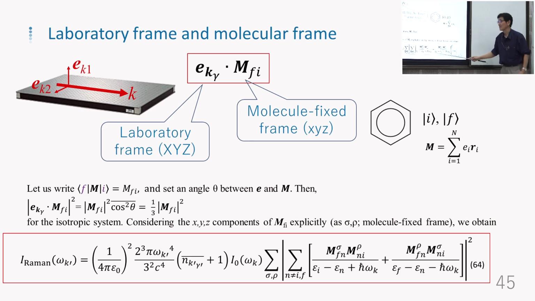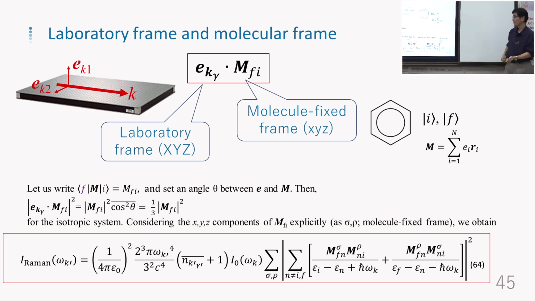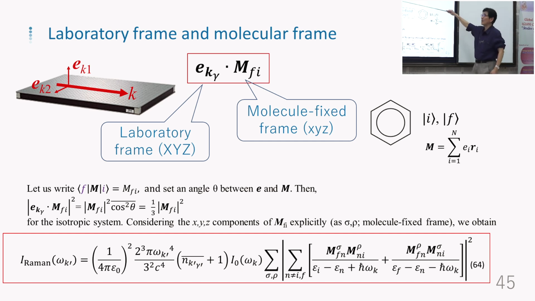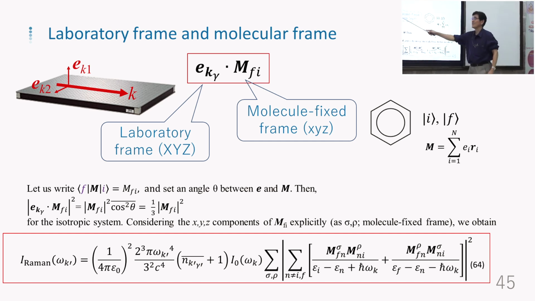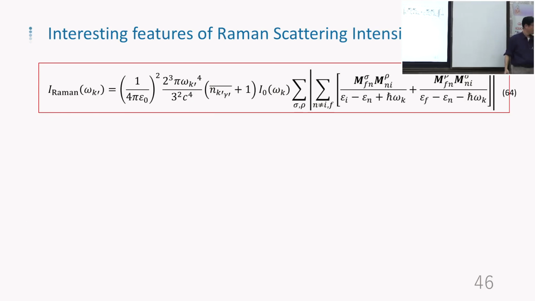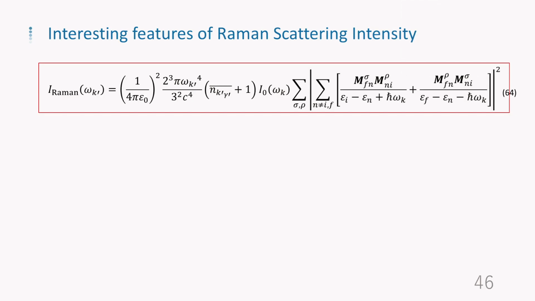So this term contains 9 components. But anyway, this page explains how to take account of the difference of the coordinate framework. So again, Raman scattering intensity is given by this equation.